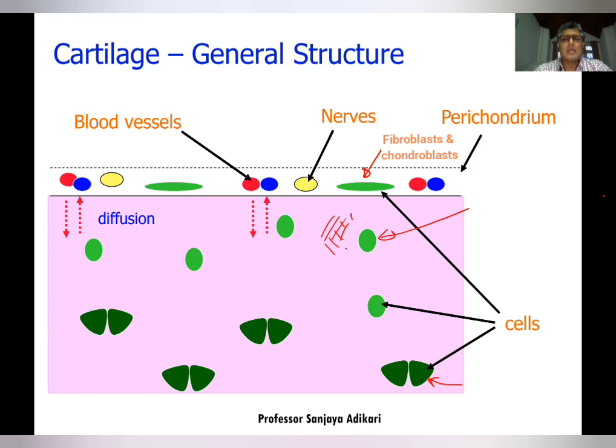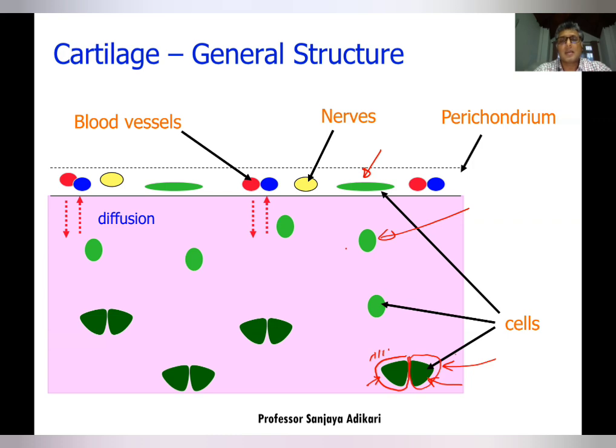Now, this is also like other connective tissues: you get ground substance and fibers, both here, the extracellular material. Because of this fairly rigid extracellular material, you get a space around these cells. In that space you don't get any extracellular material; it is a free space for the cell to live in. Outside that, you get the extracellular material. So that point you have to remember, and these spaces are called lacunar spaces.